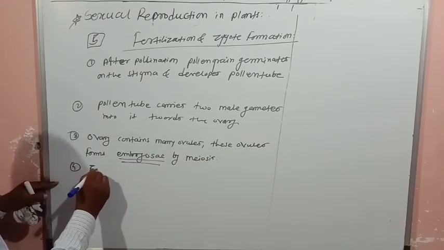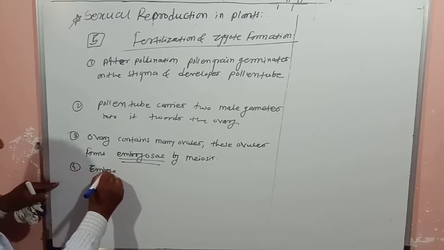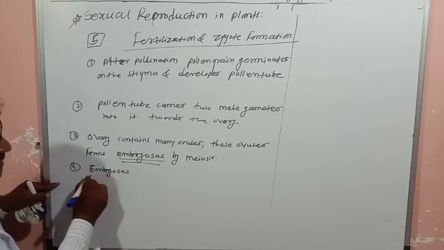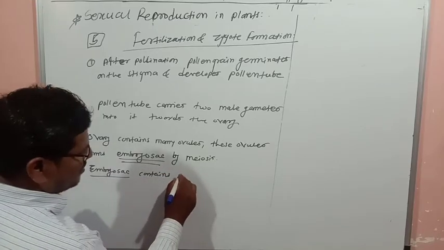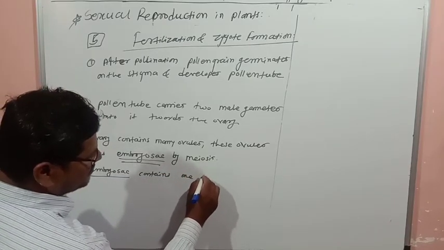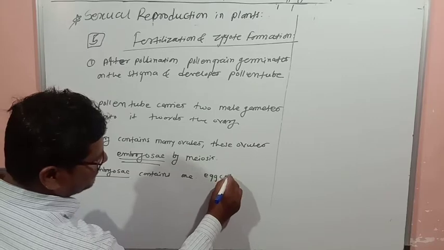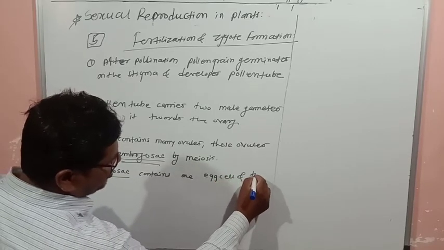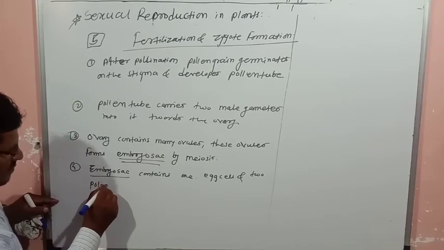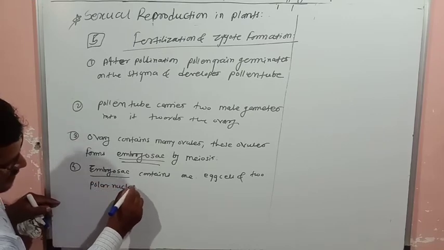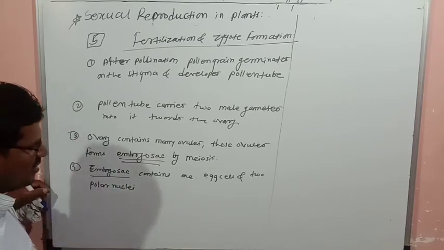Fourth point: the embryo sac contains one egg cell and two polar nuclei.